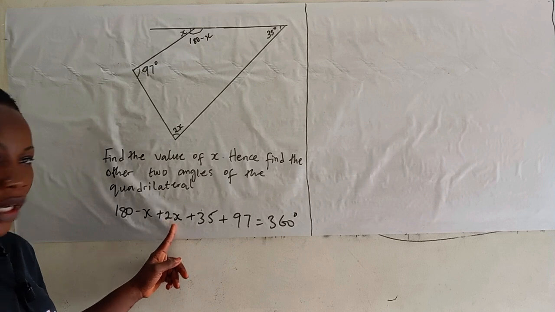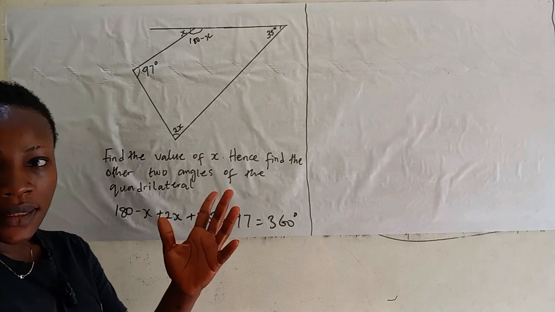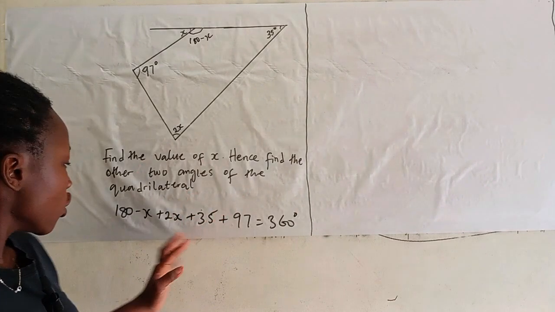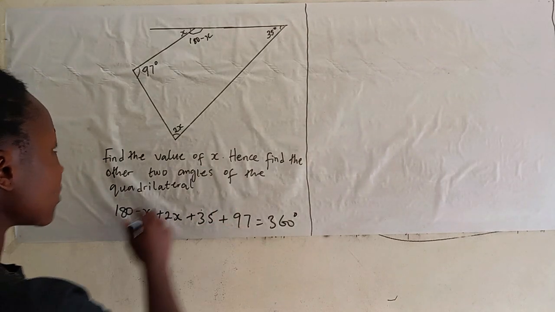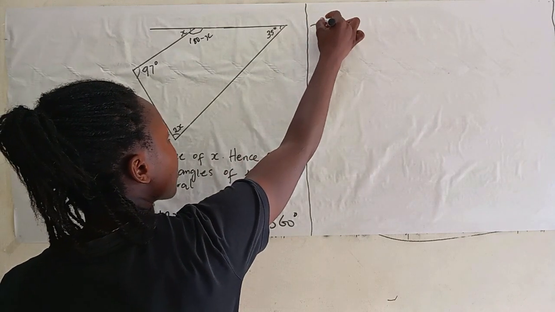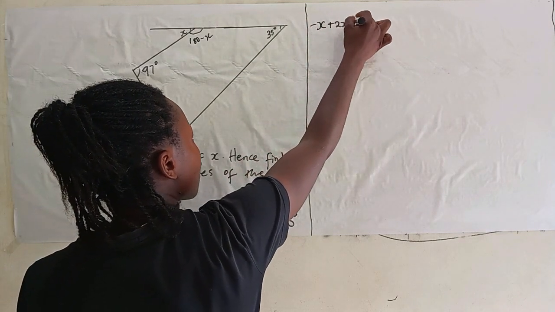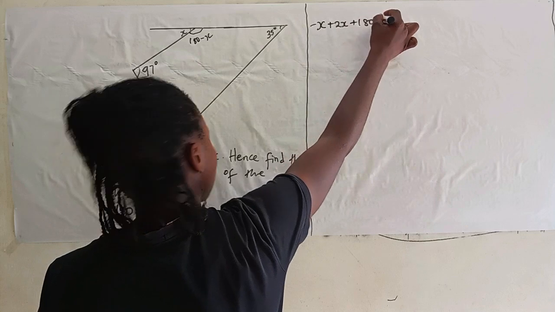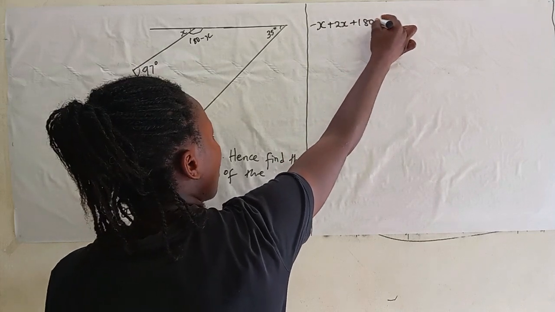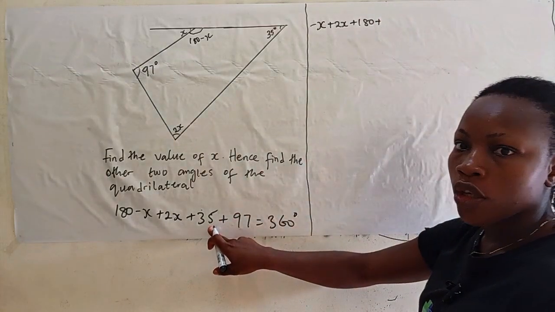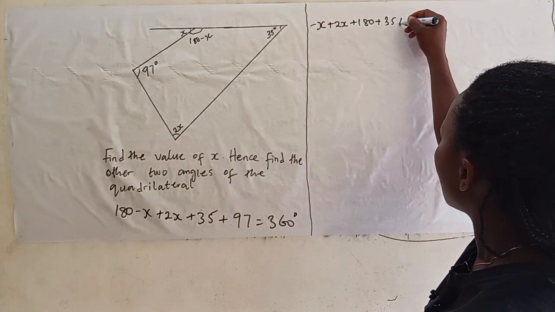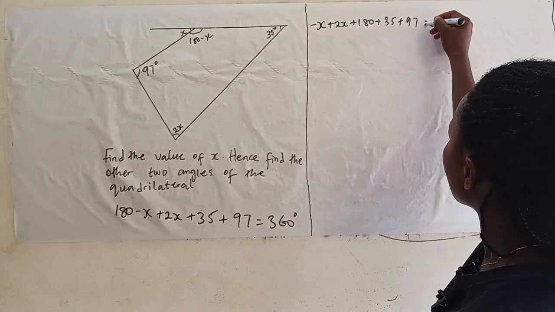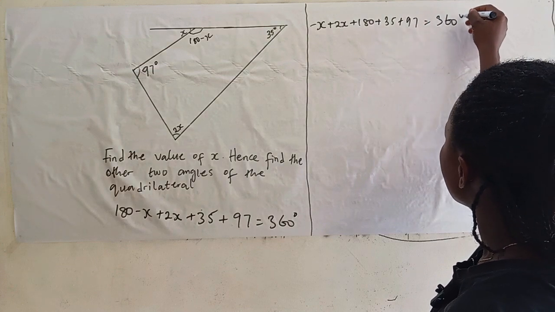Once we add it to 2x, we are going to have x, that's 1x. Then we add all these things together: minus x plus 2x plus 180 plus 35 plus 97 equals 360 degrees.